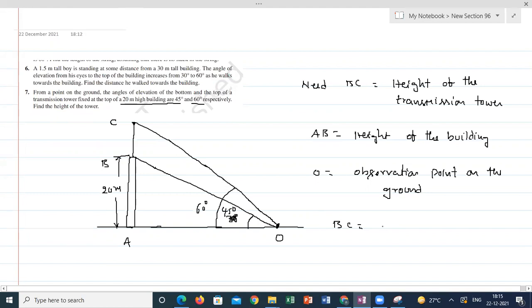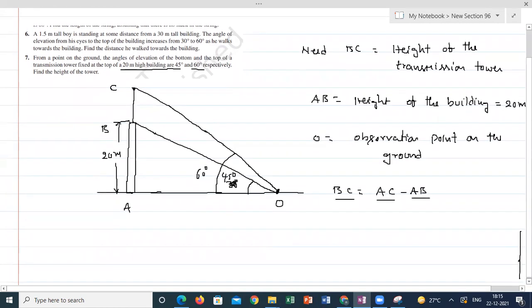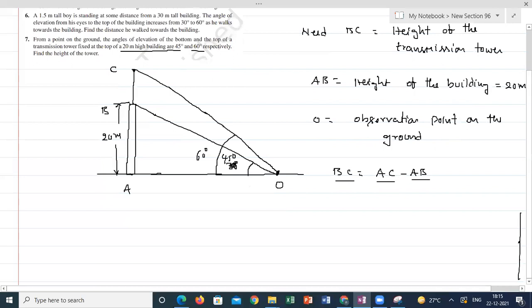To calculate BC, what is required? AC I want and AB I want. AC minus AB. I don't have BC, I don't have AC, I am having only AB, that is equal to 20 meter. So if I want to calculate AC, definitely I want OA, or at least I want OC.